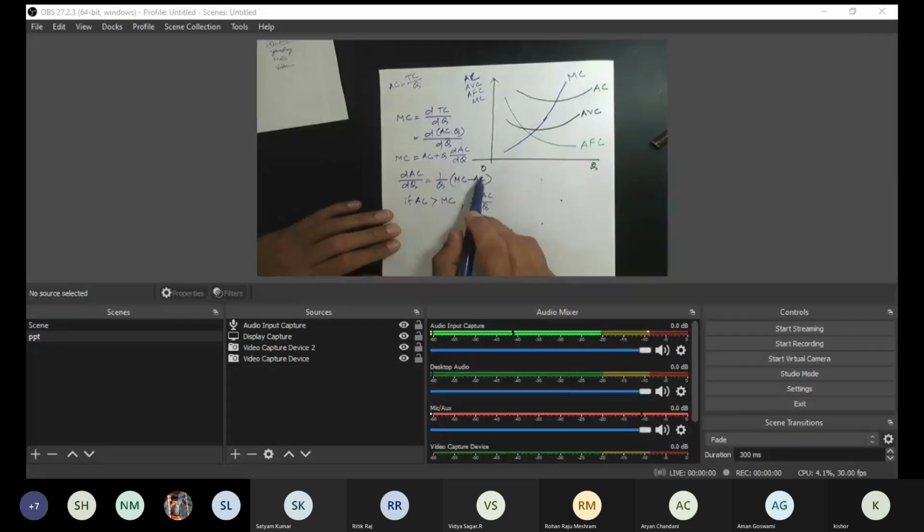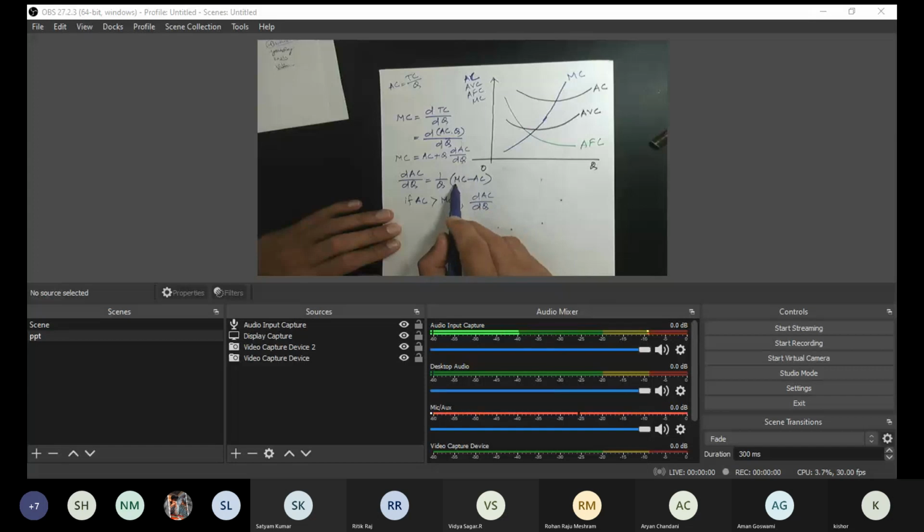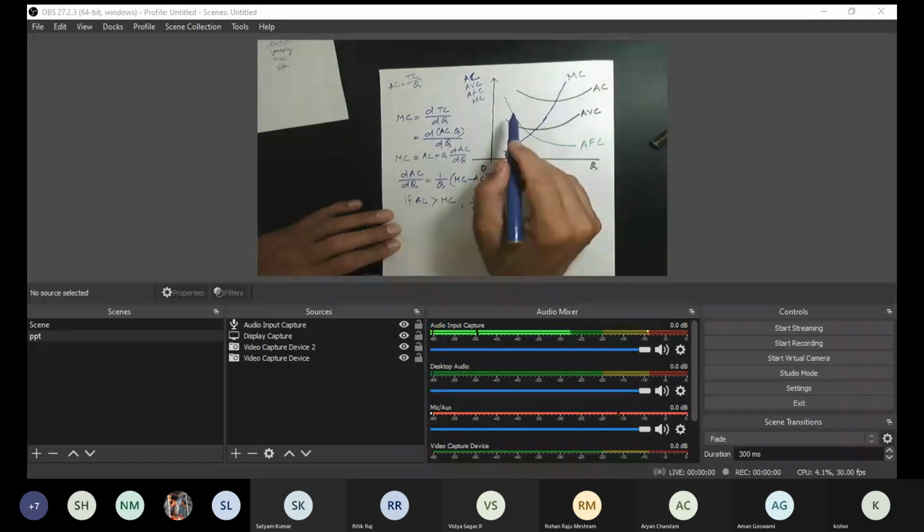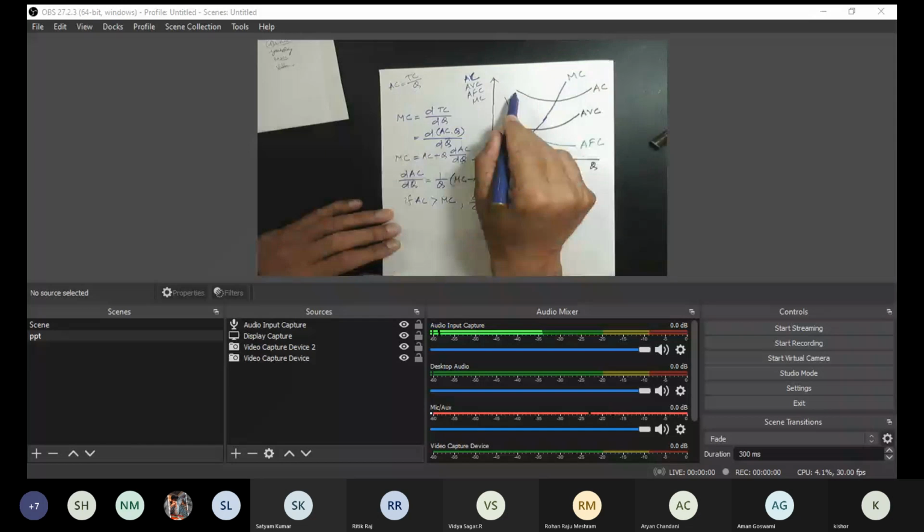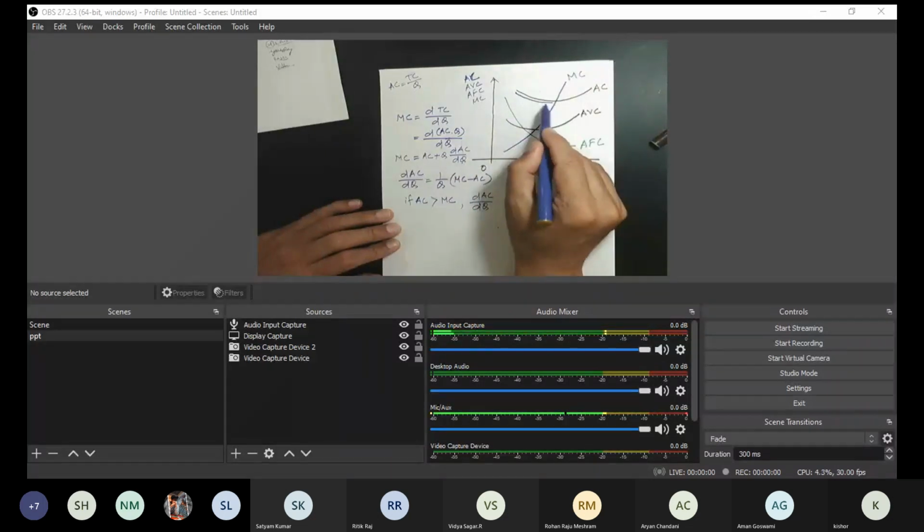What will happen? This will be a negative value. The entire right hand side will be a negative value. The left hand side represents the slope of the average cost curve. So the slope is negative. See here, up to this point, AC is higher than MC because MC is here.